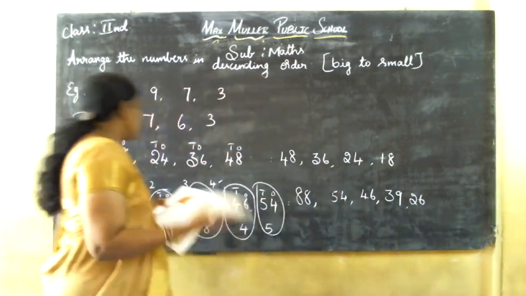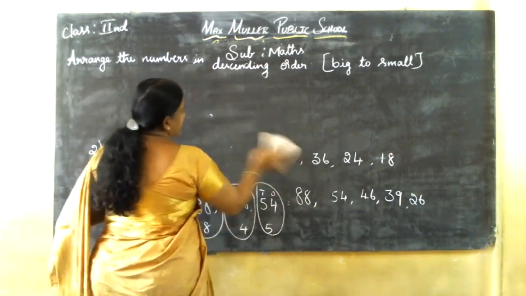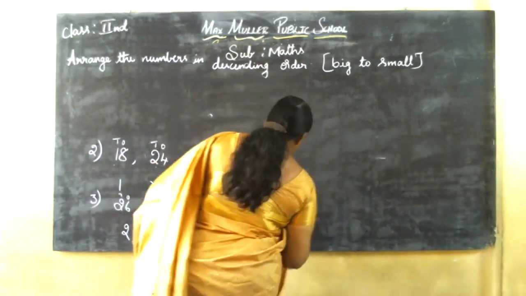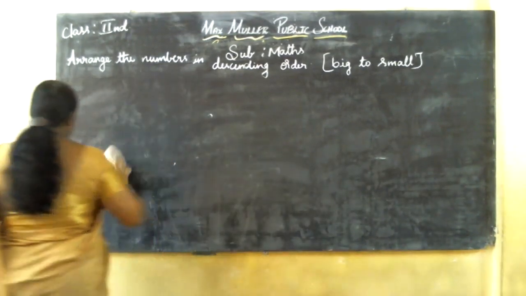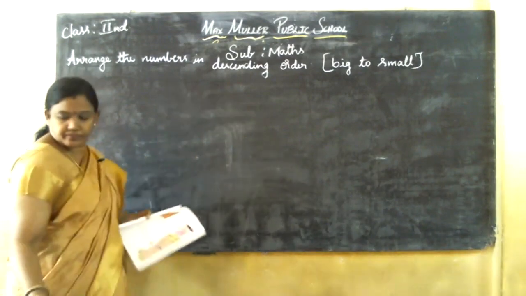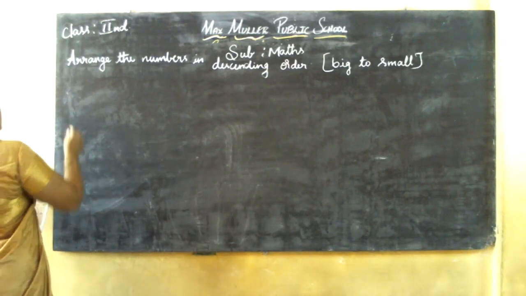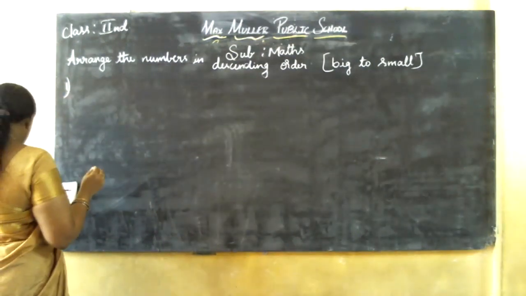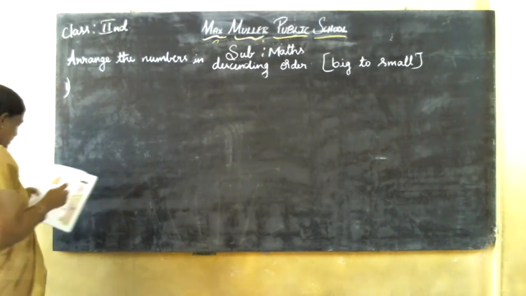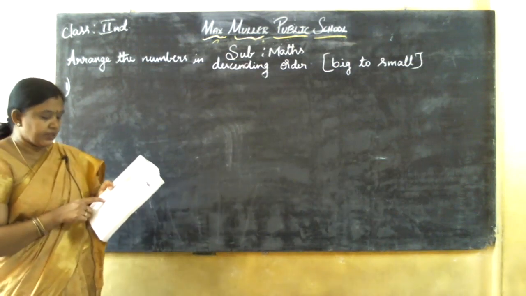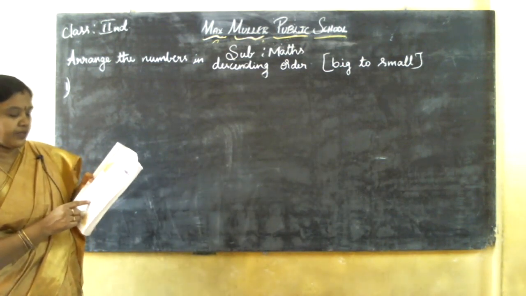Now we will go to the textbook. First one, already one example is also given there: 68, 54, 73, 56. The answer also they did. 73 is the first number, second number 68, then 56, then 54.